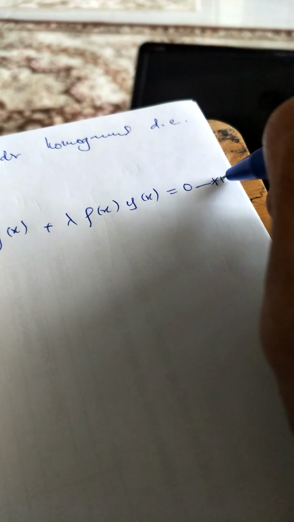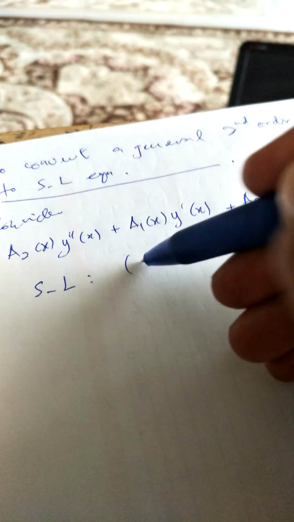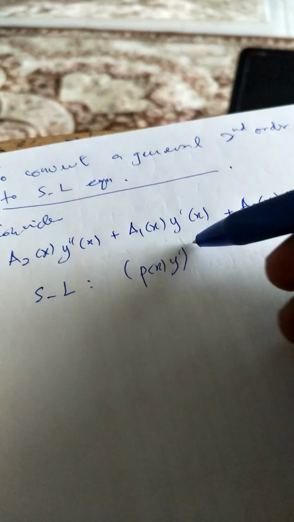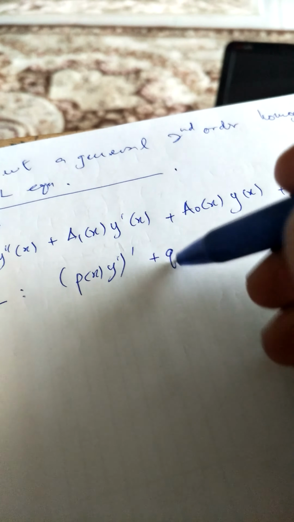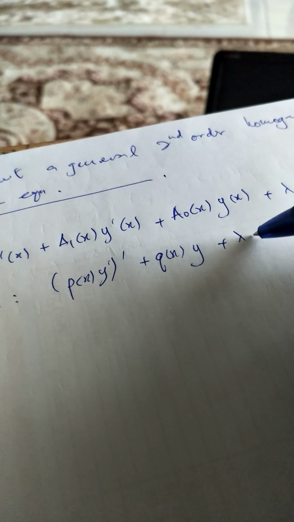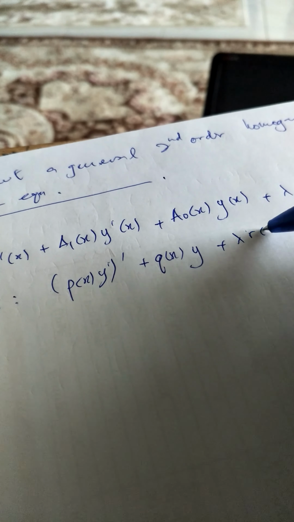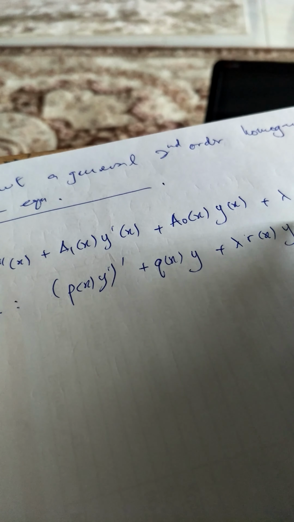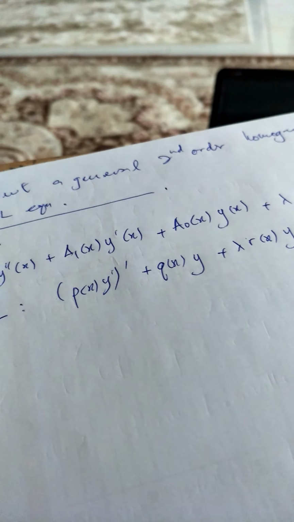I call this the double star. And we know that for the Sturm-Liouville equation, we have this form: (p(x) y')' plus q(x) y plus lambda rho(x), or r(x), y(x) equal to 0.